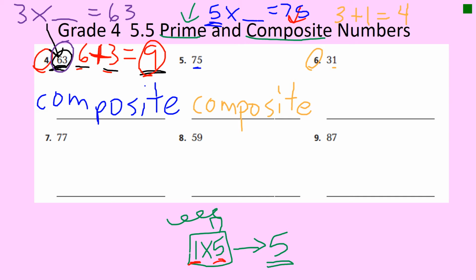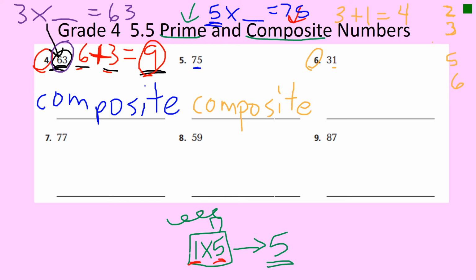Is 4 divisible by 3? No, it is not divisible by 3, is it? All right, so it's not divisible by 2 or 3 or 5 or 6.